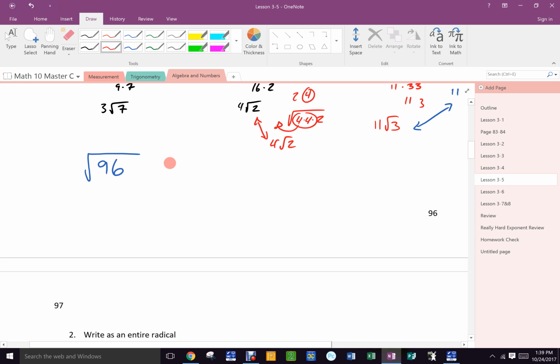So I am going to do that one. 96 is 24 and 4. I'm going to stop there because it's a perfect square. 24 is 6 and 4. I'm going to stop there because it's a perfect square. So the square root of 96 is the same as 4 times 4 times 6. What comes out? 4 root 6.